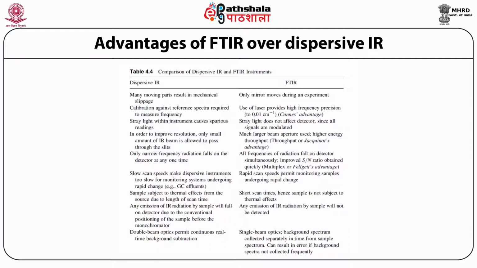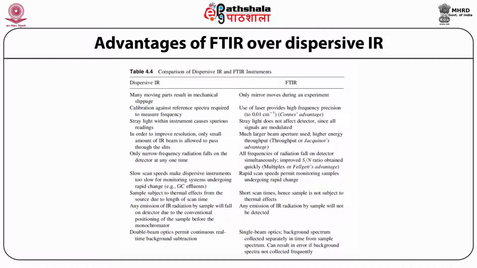In the dispersive IR, the sample is subject to thermal effects from the source due to the length of scan time. In the FTIR, scan times are short, hence the sample is not subject to thermal effects. In dispersive IR, any emission of IR radiation by the sample will fall on the detector due to the conventional positioning of the sample before the monochromator. But in FTIR, any emission of IR radiation by the sample will not be detected.